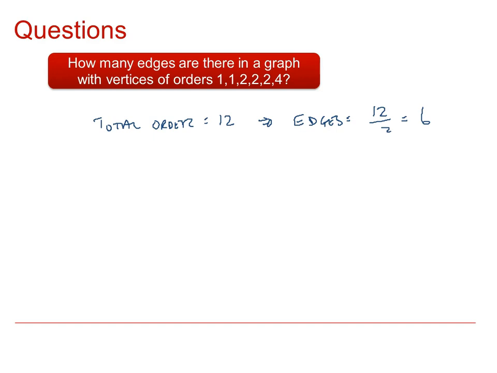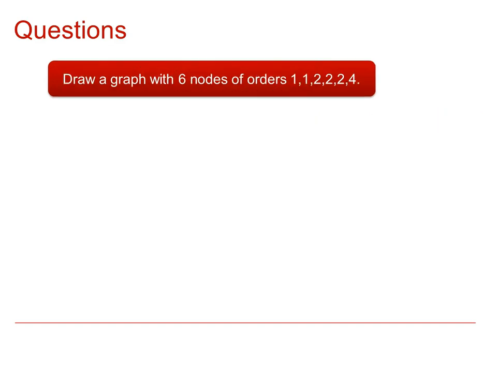And let's see if we can actually draw these. We've got the nodes 1, 1, 2, 2, 2 and 4. Let's see what we can do. Well, we could create a one node, obviously, by just simply putting a node with a line coming out, and then perhaps we might do the same there. There we are. So there we have our two 1 nodes and a 2 node.